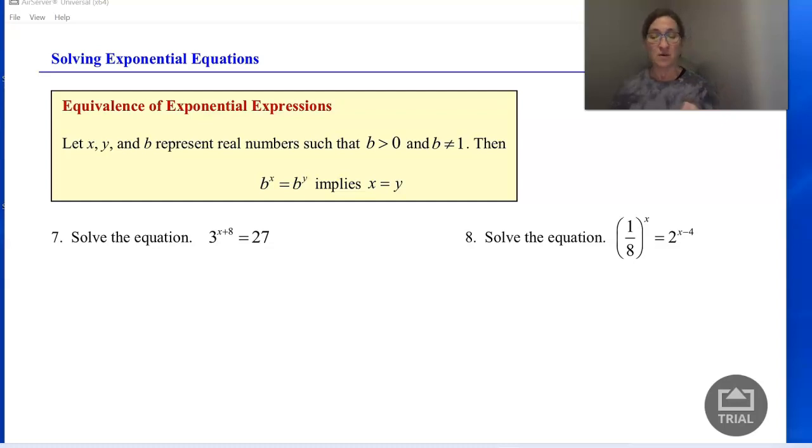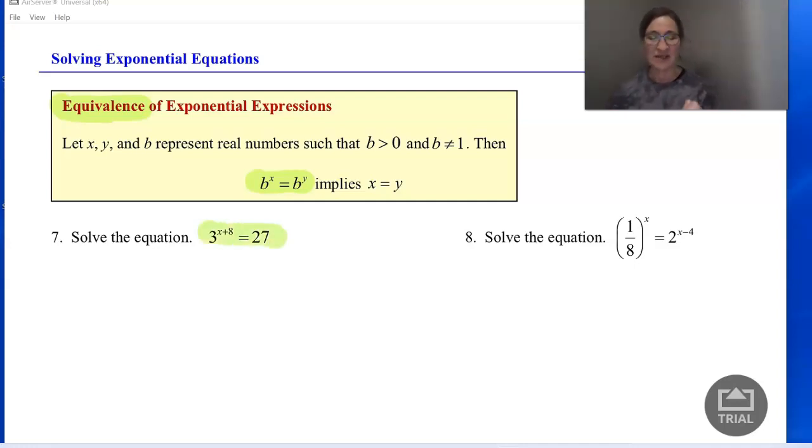Okay, so what this says, and we've actually used this, we just didn't say it was a definition: when your bases are the same, then that implies in an equation that your exponents have to be the same. They might not look the same at first, okay? 3 times 2 might be on one side and 6 might be on the other, but that's equivalent. All right, so we can use this to solve equations.